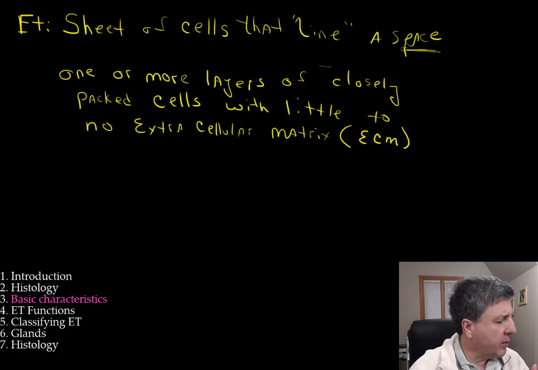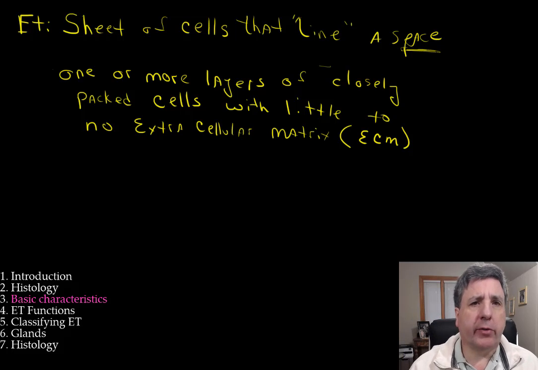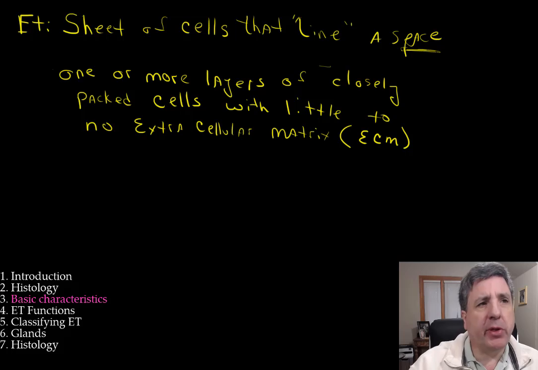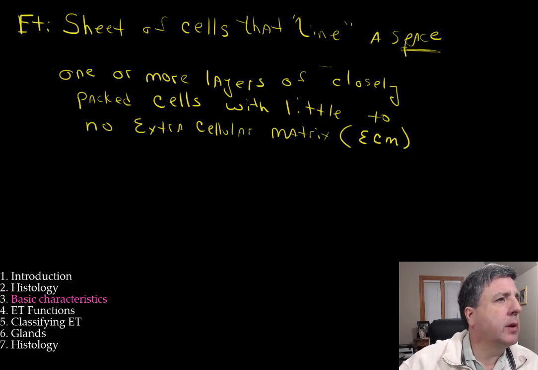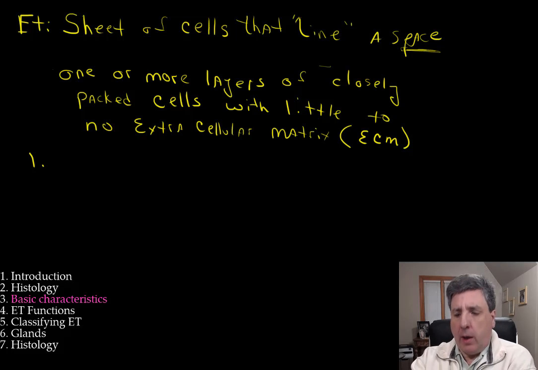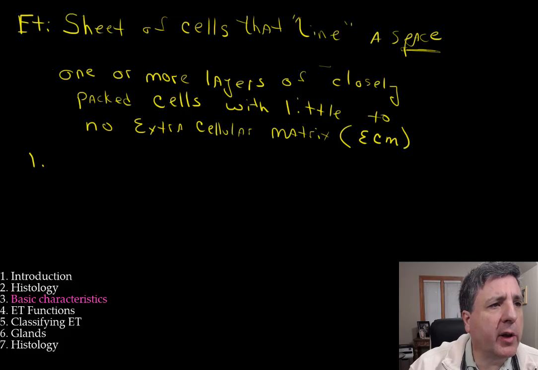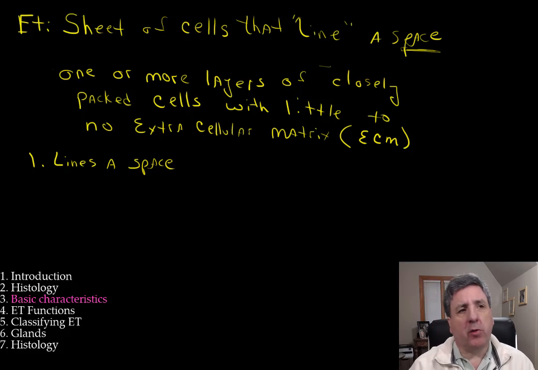So let's look at some of the characteristics of epithelial tissue. Let me come over here and list those out. The first one, we said it lines a space, whether it's the skin or a tube in your body.